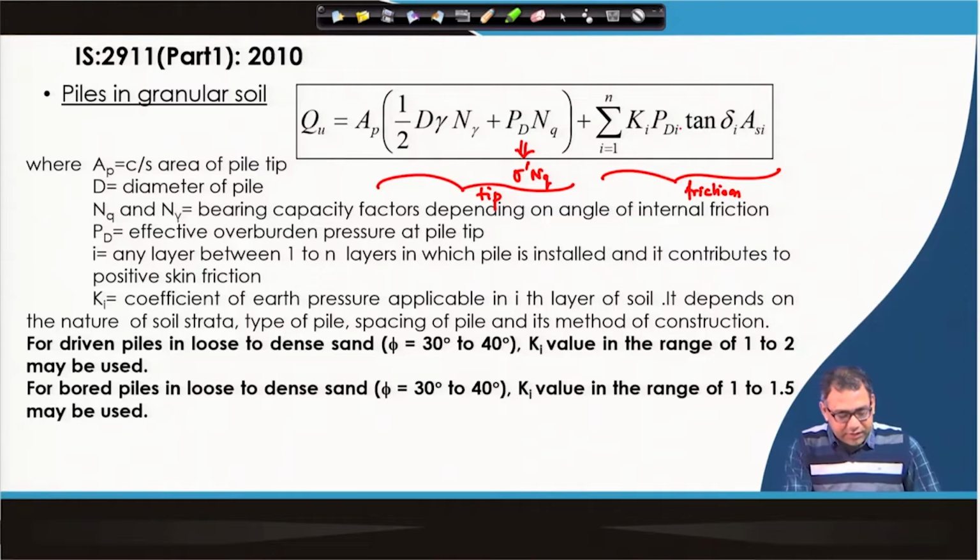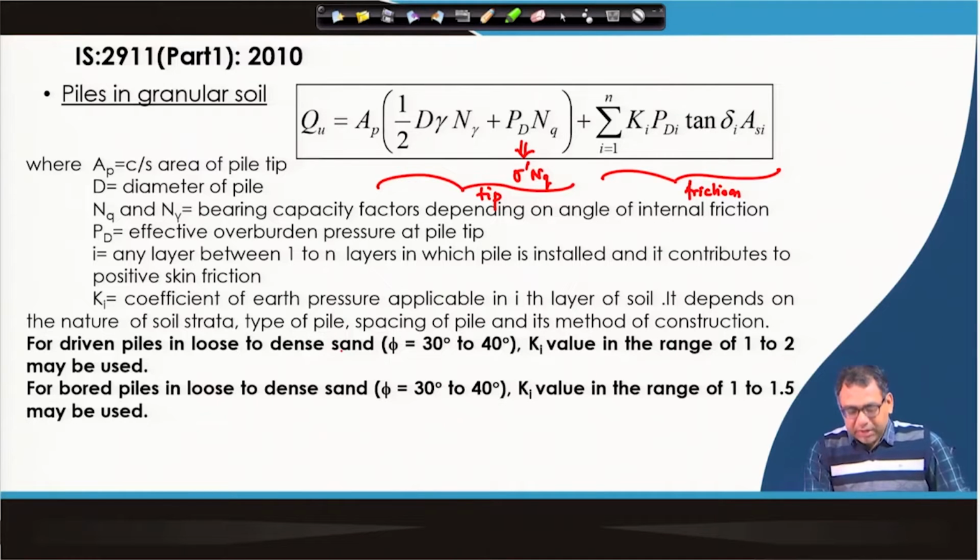Here it is recommended that for the driven pile, for loose to dense sand, phi 30 to 40, the K value varies from 1 to 2, which is the same as the previous recommendation, and for the bored pile for 30 to 40, K value varies from 1 to 1.5.